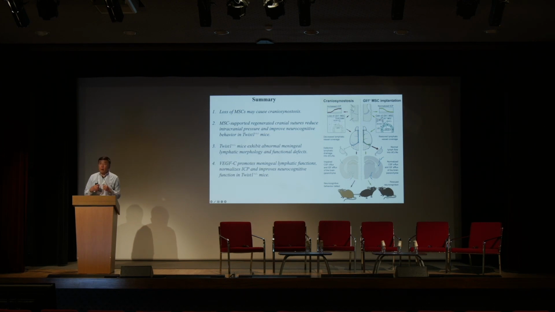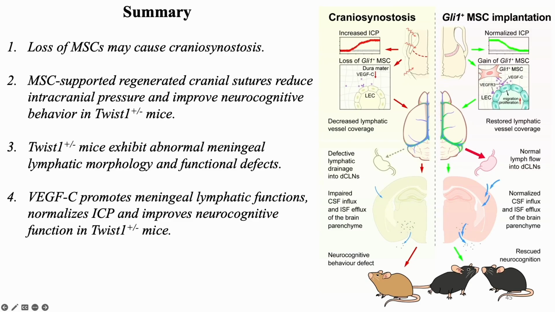So this really helped to establish the importance of this lymphatic vessel in supporting the brain tissue waste clearance, and therefore makes the connection between the skull suture stem cells, the lymphatics, and then the brain function.